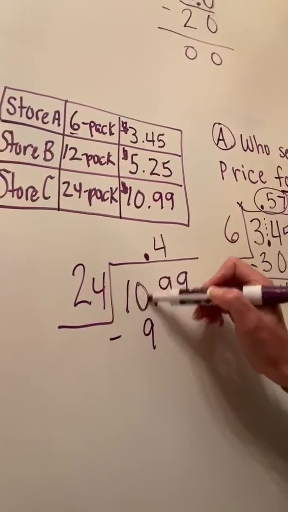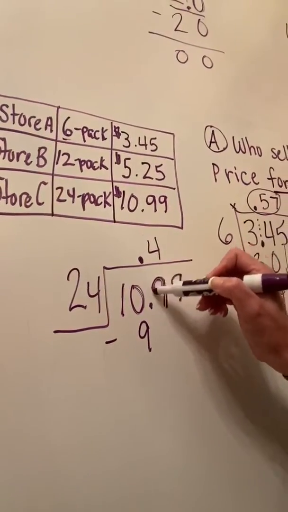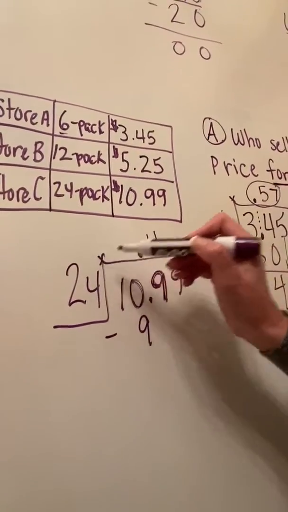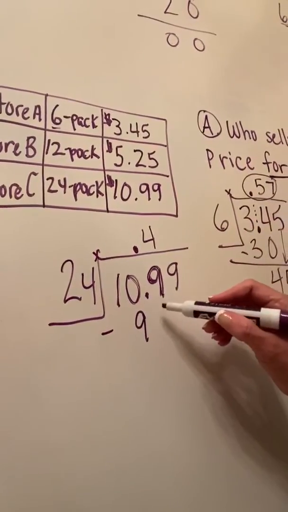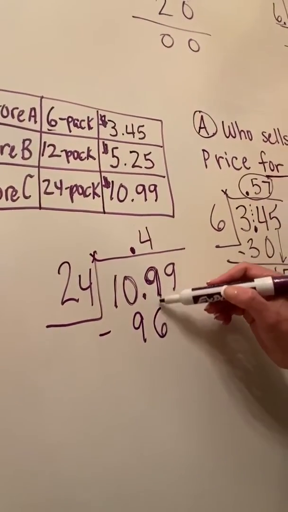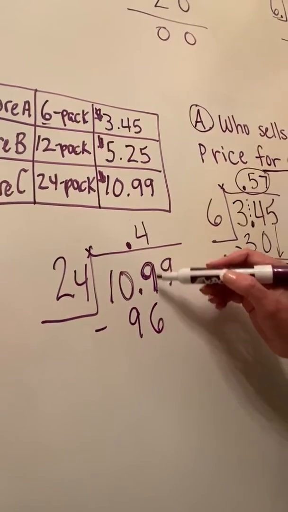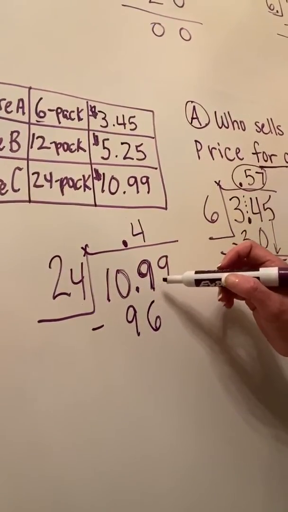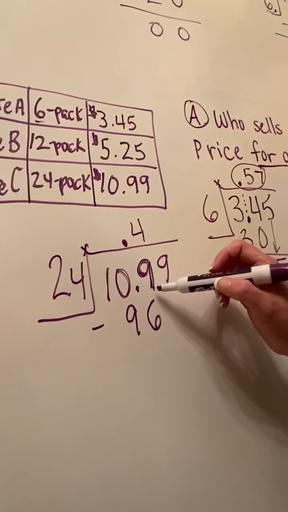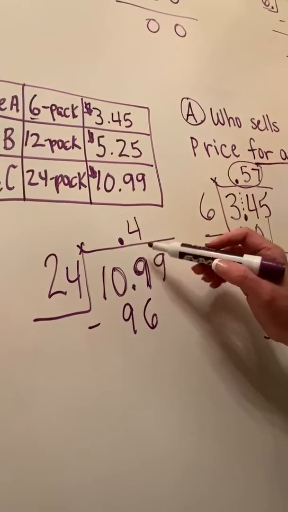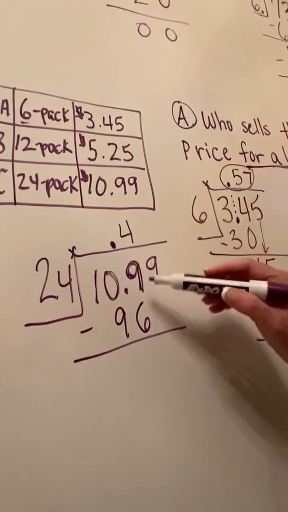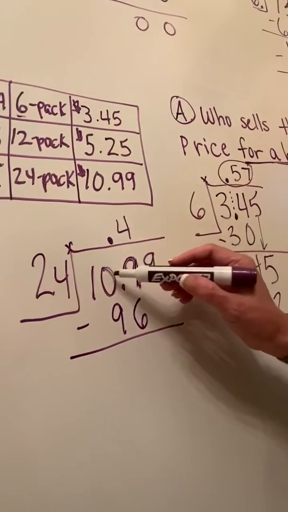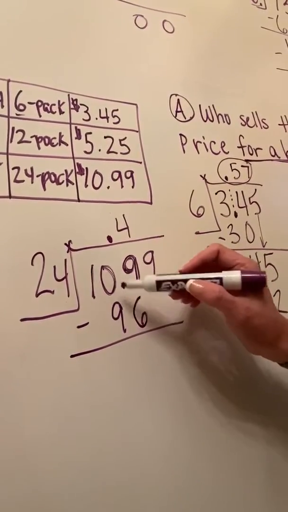It is 109 is the top number, but 24 multiplied by 4 is only 96. So I still put the 6 under the furthest number to the right of the numbers that I'm subtracting. So 9 minus 6, and then I would have this 0 minus 9.